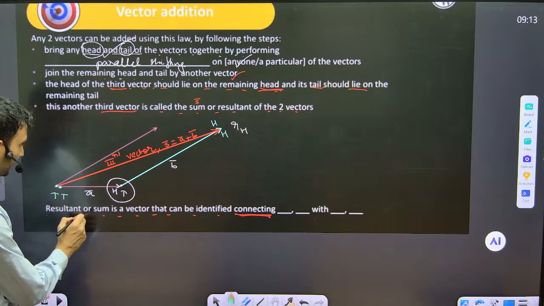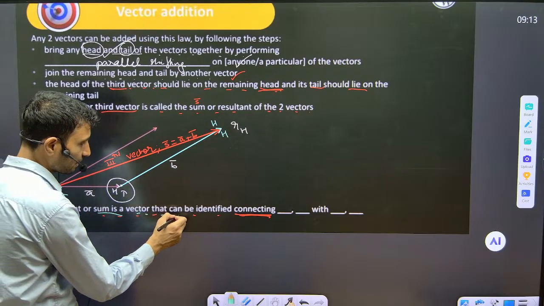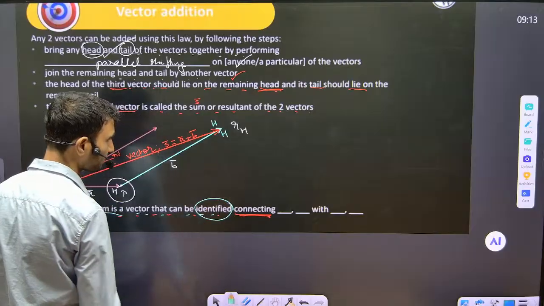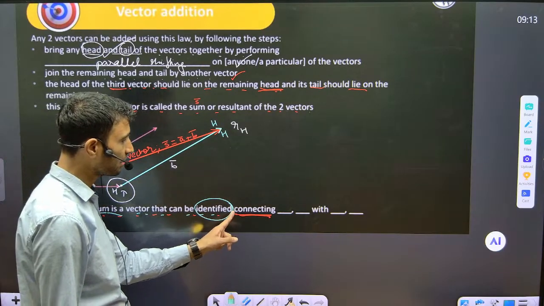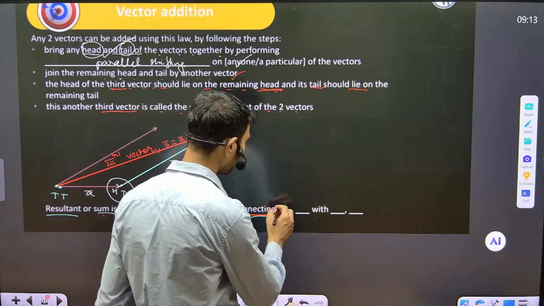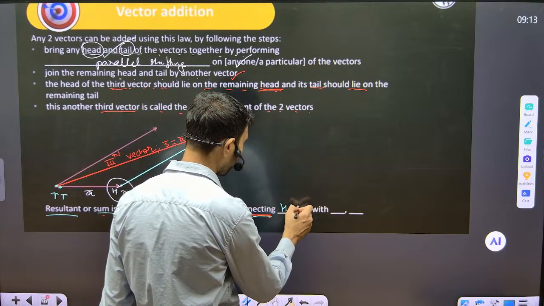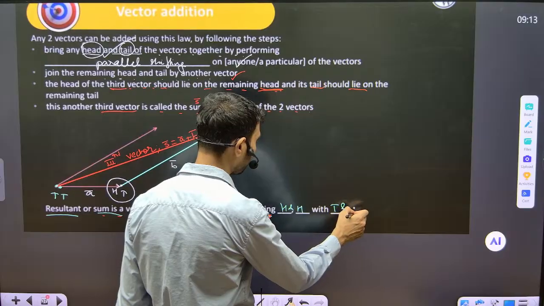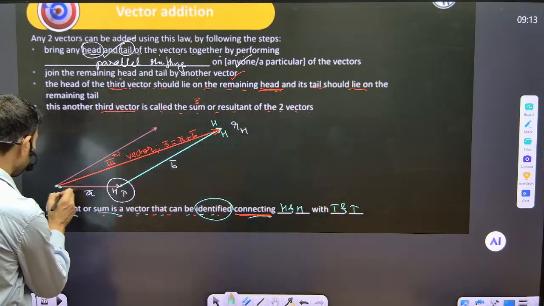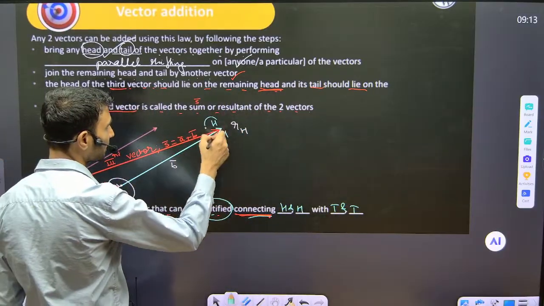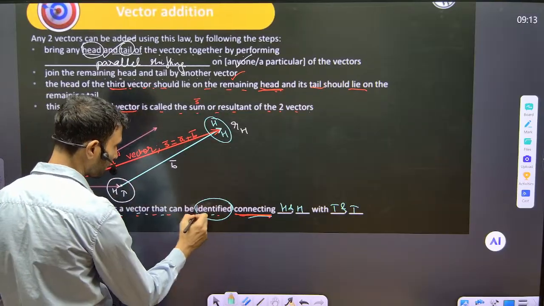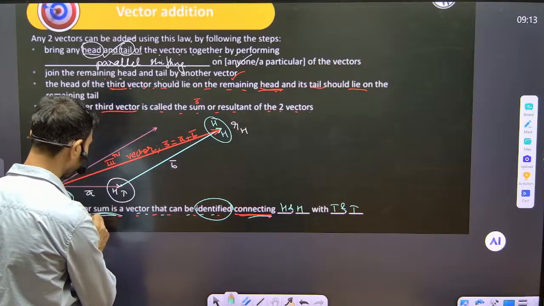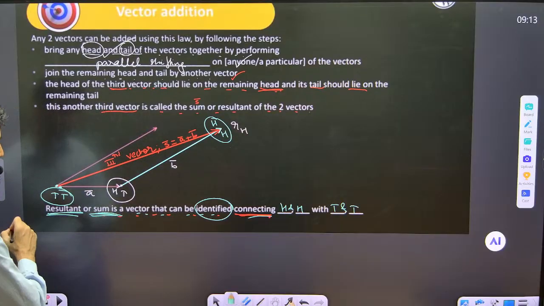So how can the resultant or sum be identified? It is connecting the head and head with tail and tail. That's what it is doing, right? Tail and tail is connected with head and head, and that vector which does this is called the sum vector or the resultant vector.